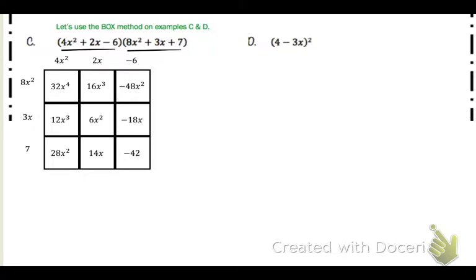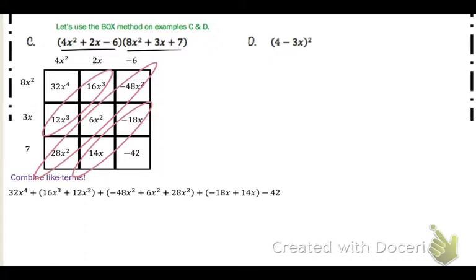Remember, the next step is to combine like terms. So we have our x to the 4th. We don't have any other x to the 4th. We have these 2 x cubes that we're going to combine. We have those 3 x squareds and then those 2 x's. They're not always going to be perfectly aligned like that. This one, it just happened to be that way.